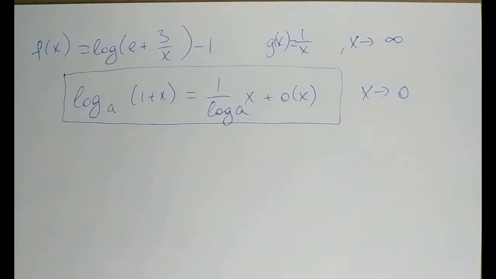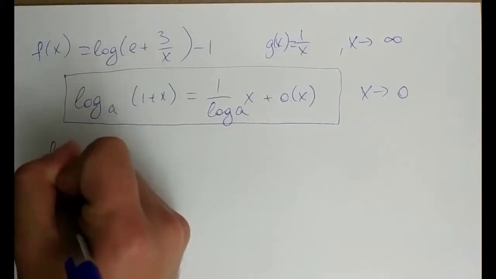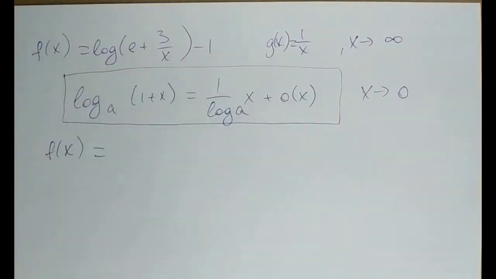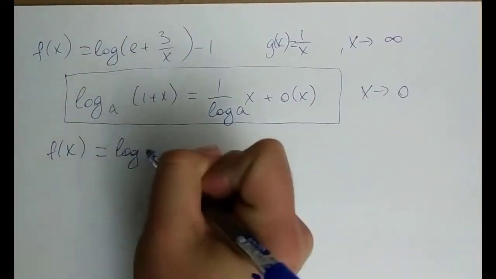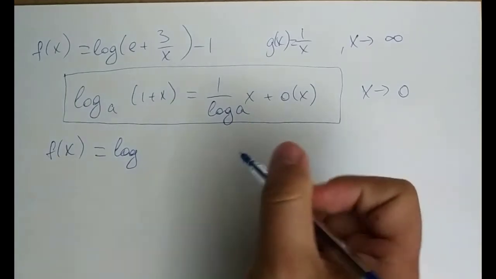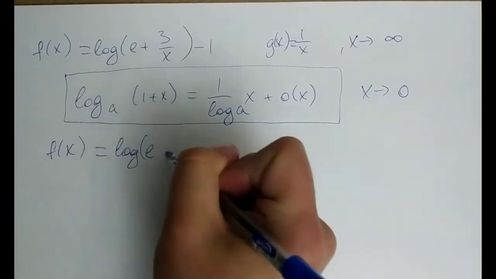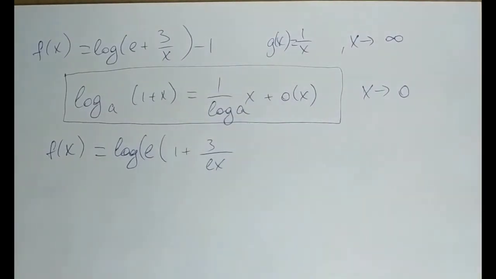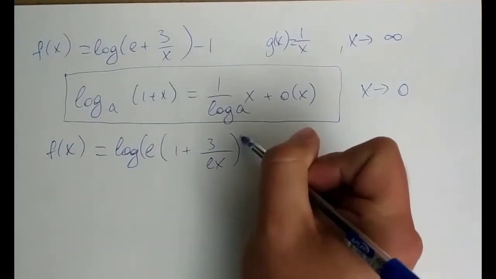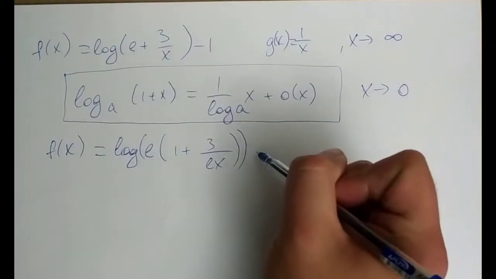Now, using this equation, we have the following. f of x now equals logarithm, and we can take this number e out of the bracket, and we get 1 plus 3 over e times x, minus 1, of course.